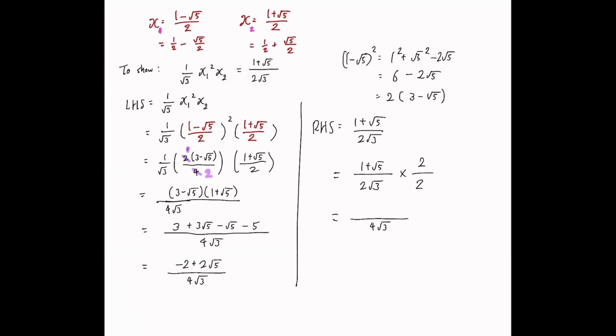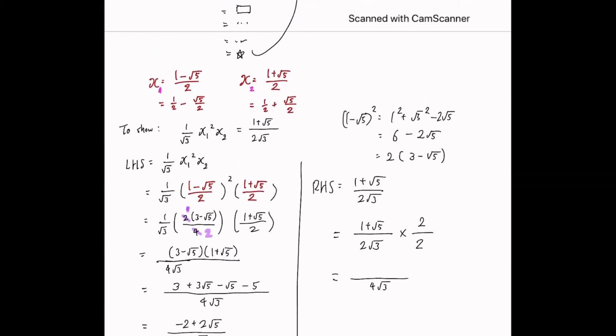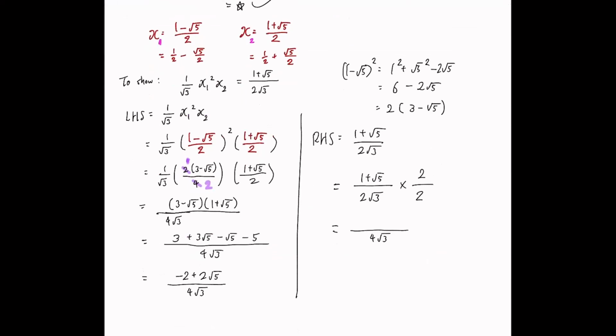I need a 1 plus root 5, is it? I got a negative 1. If I times 2, it will be 2 plus 2 root 5. They are different. Here's a positive 2, here's a negative 2.